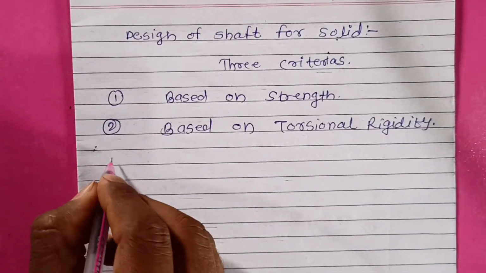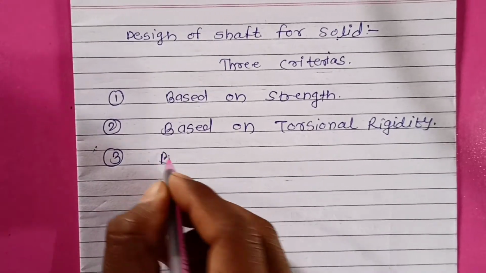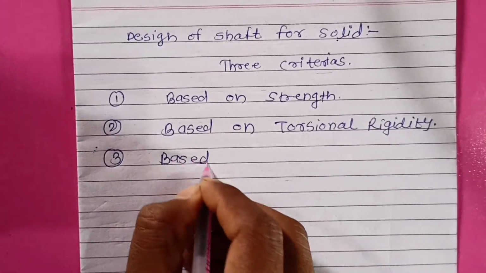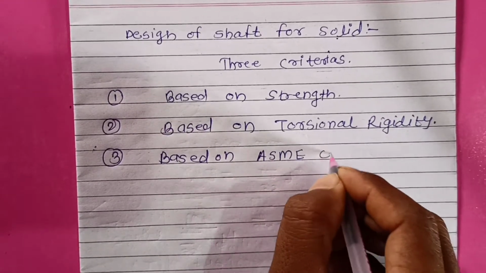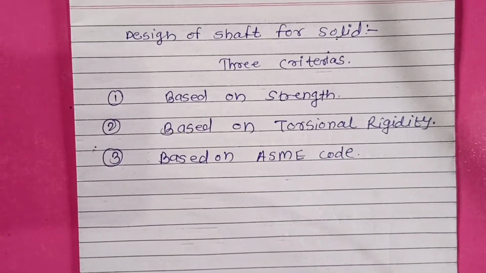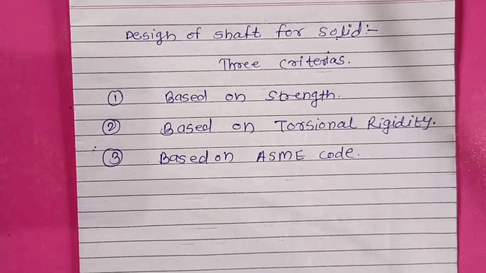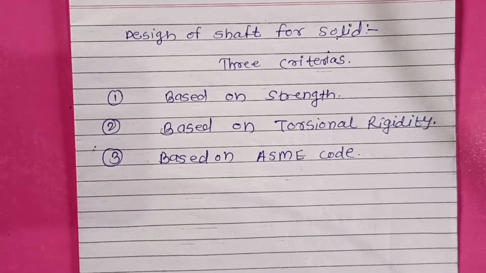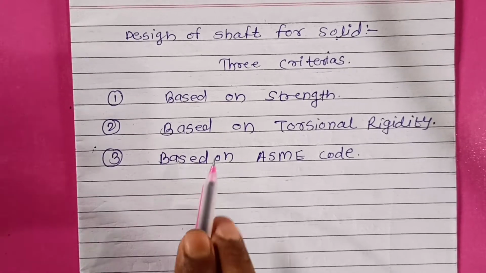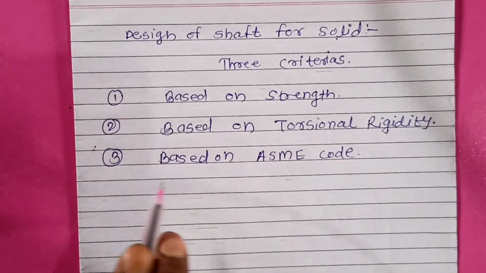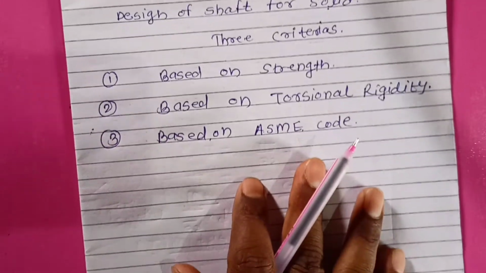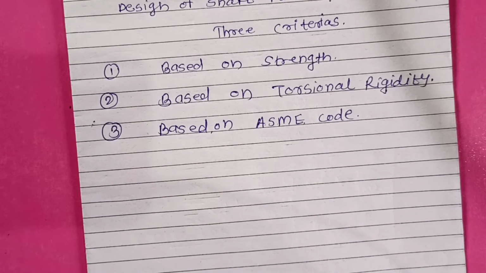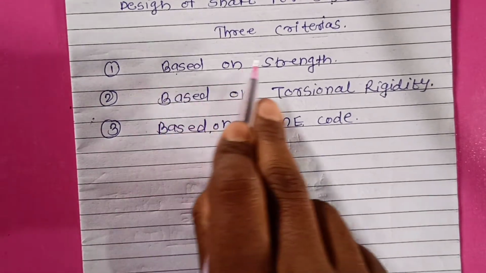And third, the design of shaft is based on ASME codes. Now here we will see the first criteria, based on strength.